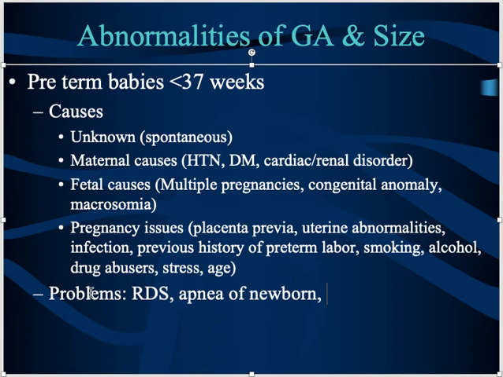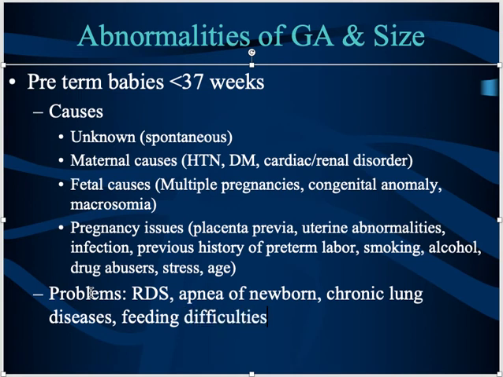Many of these babies can have chronic lung diseases. Then of course, when the babies are premature, we face a lot of feeding difficulties. Sometimes we have to put them in an incubator for a long period of time.